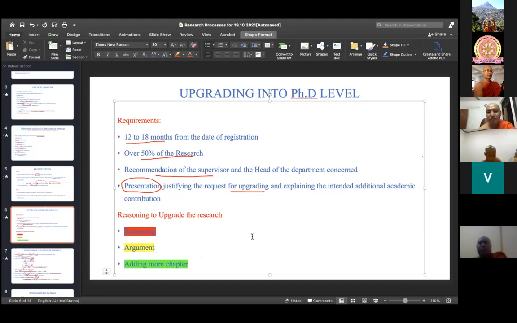For example, giving more information about Sila. You don't have to do all this. One thing is enough. Okay?